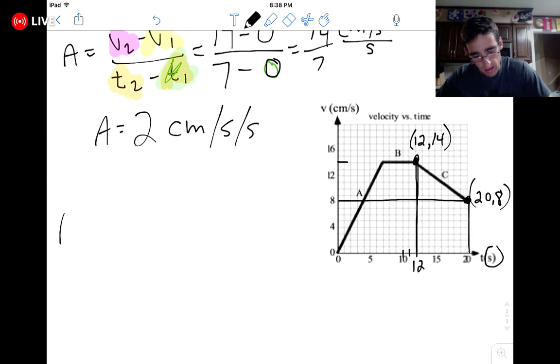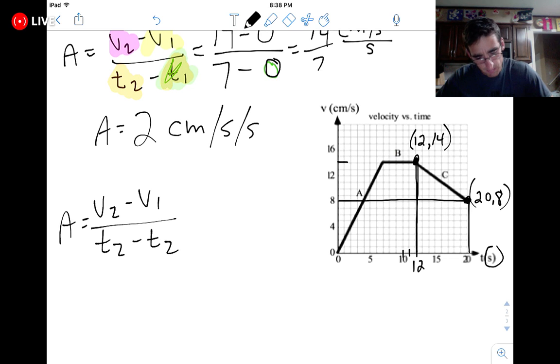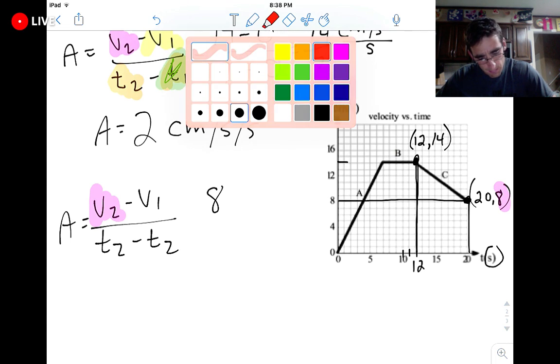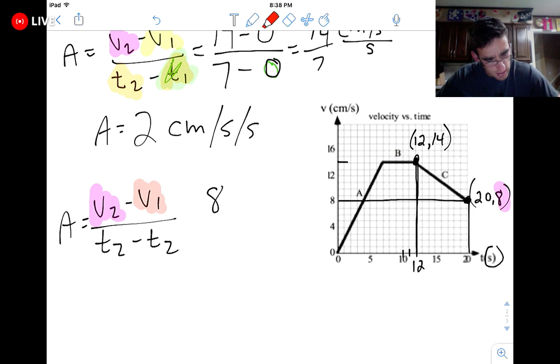And I know that acceleration is v2 minus v1 over t2 minus t1. My second velocity is 8. My first velocity is 14.